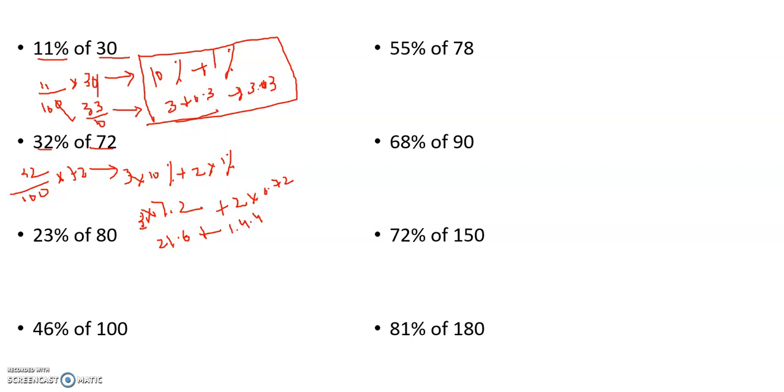Add these two numbers: 21.6 plus 1.44 is 23.04, the solution.